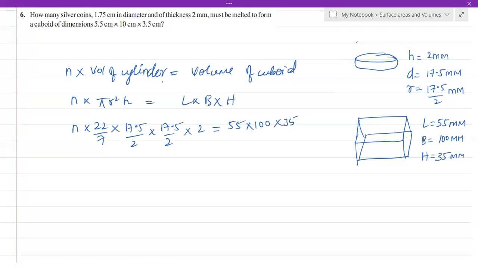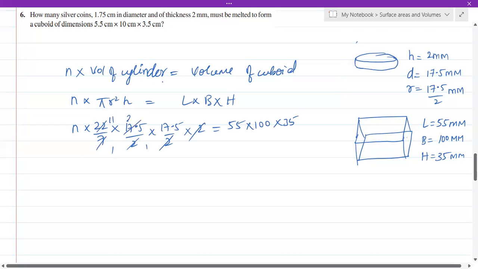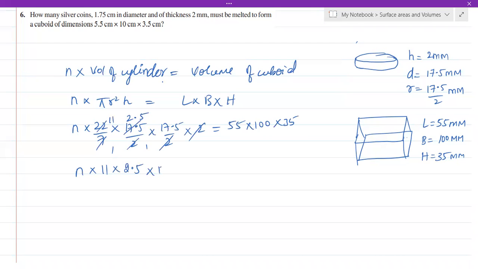Now here we can cancel certain things. 2 and 2 get cancelled. 2 ones are 2, 11 ones are 11, 7 ones are 7, 2 sevens are 14, carry 1, 7 fives are 35. So it becomes 2.5. So what is left out? n into 11 into 2.5 into 17.5 equals 55 into 100 into 35.